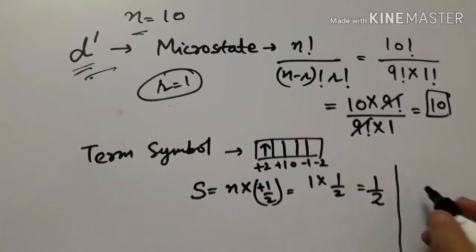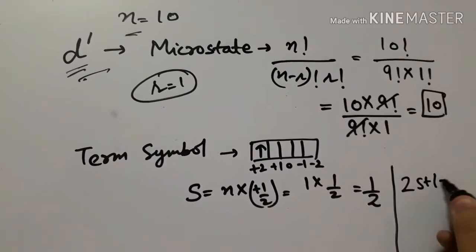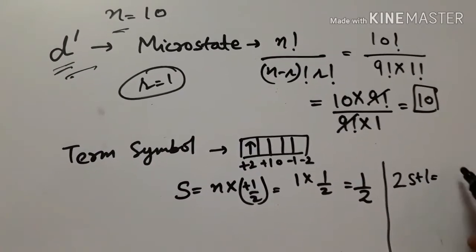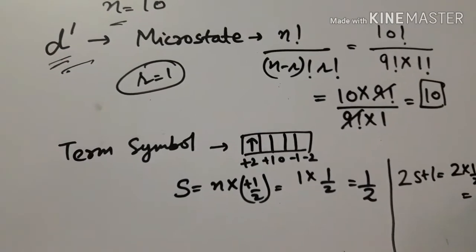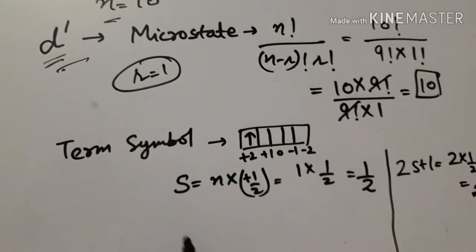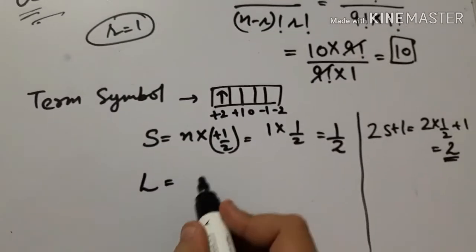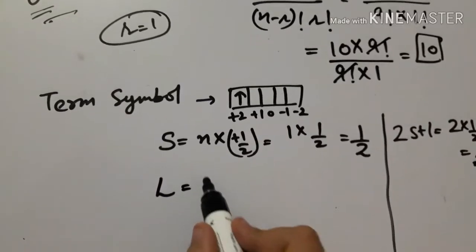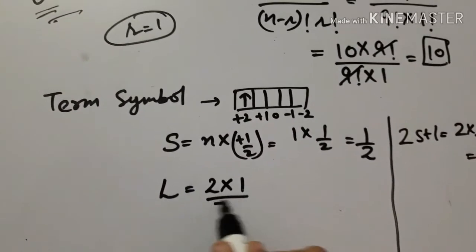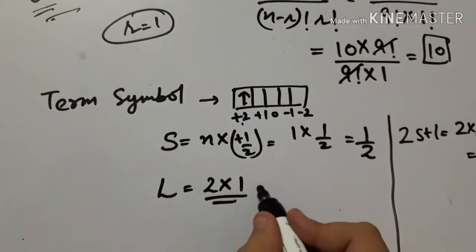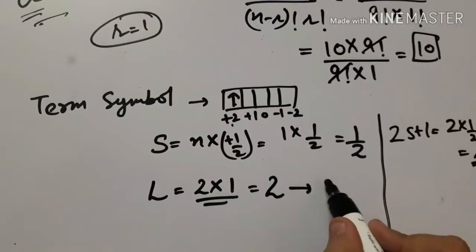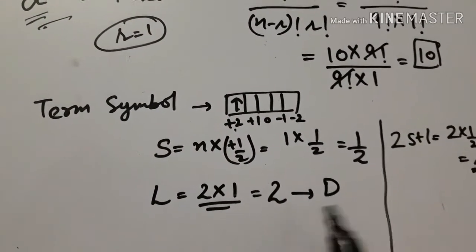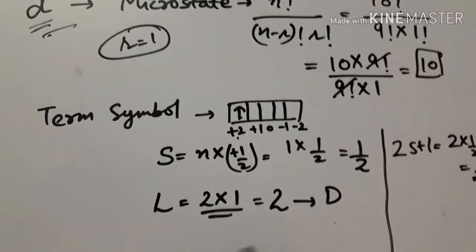So 2S plus 1 equals 2 into 1 by 2 plus 1, that is 2. Now L equals 2 into 1, that is the number of electrons, equals 2.